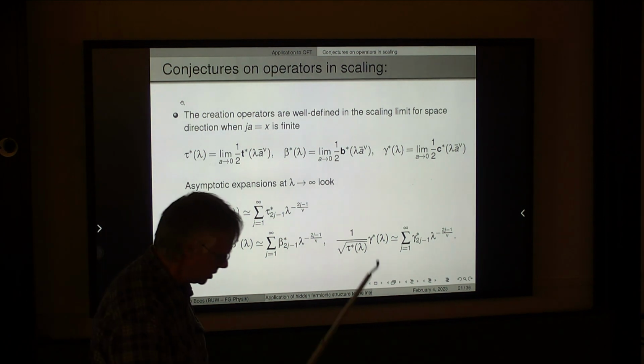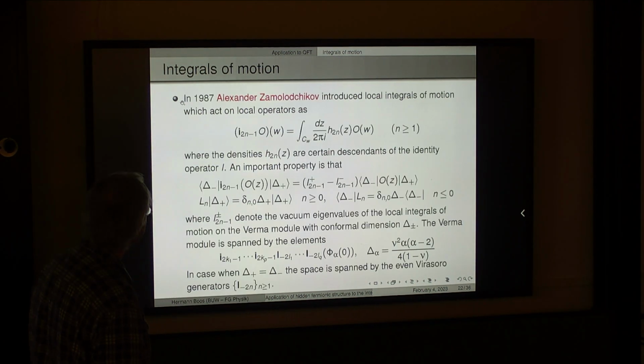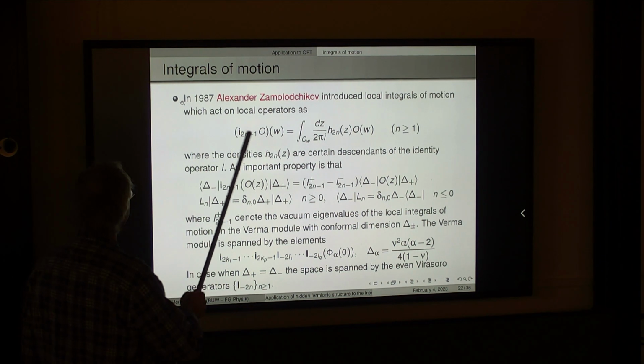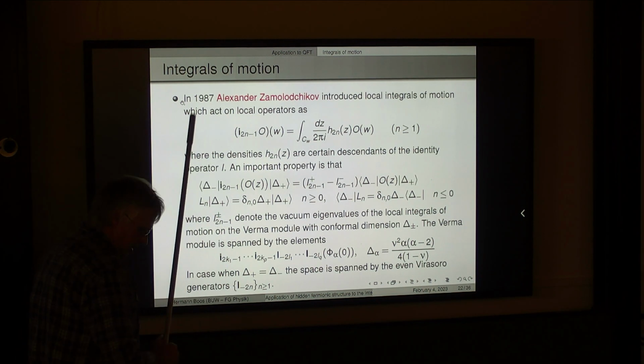In this case, in conformal field theory. So a few words about integrals of motion, found by Alexander Molotchikov in 1987.